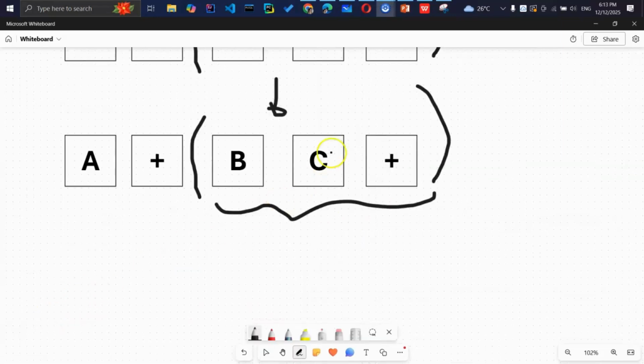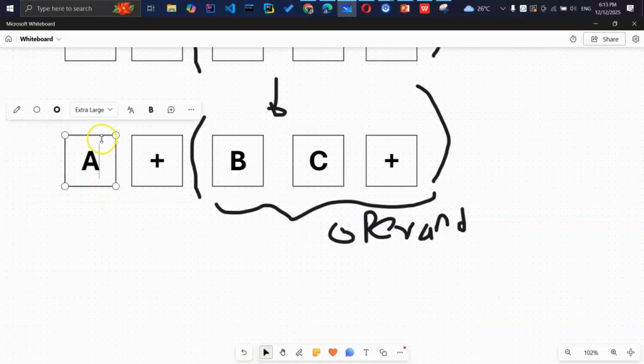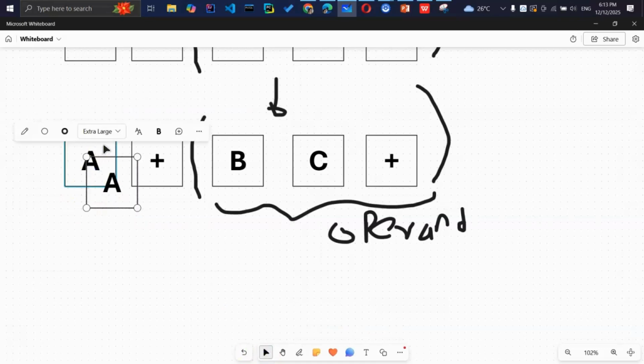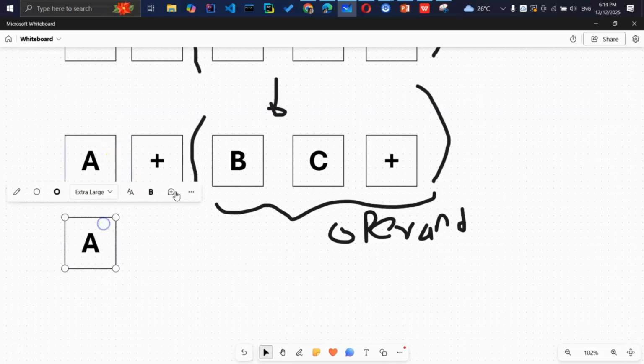Now think of this part as the operand. And now apply postfix. To convert it, get the operator to the end of the operands, like this.